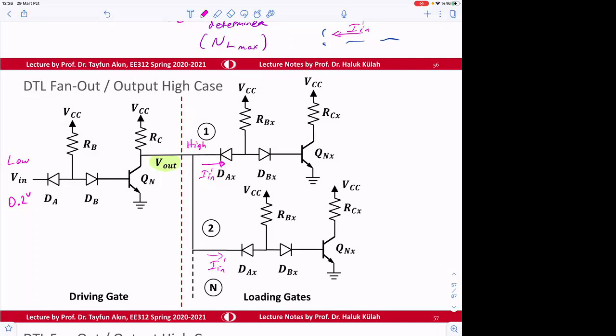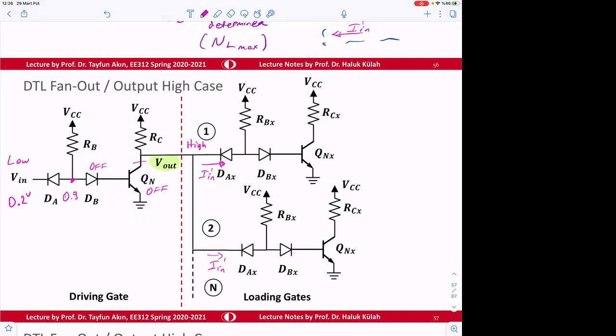For this case, it's 0.8. But in any case, if this is 0.2, we know that this one is going to be 0.9. So this will be off. This will be off. So cutoff means no current is coming from here.